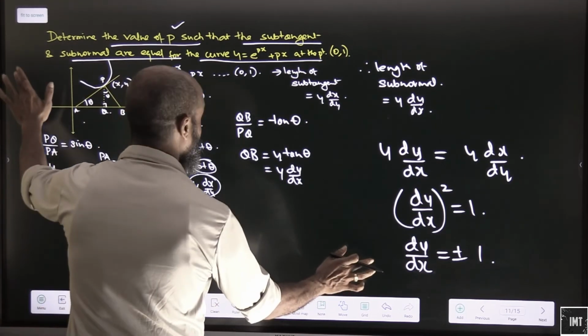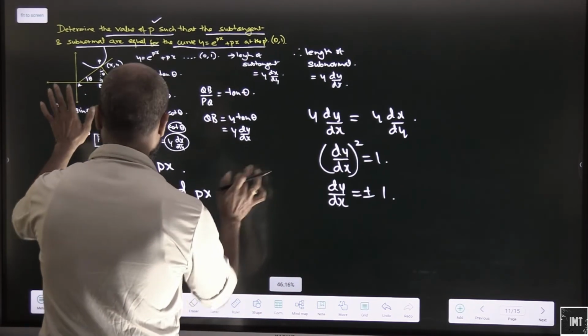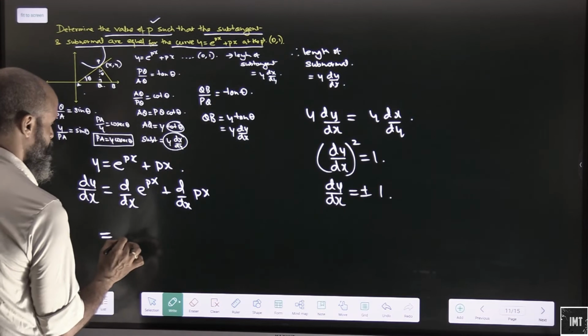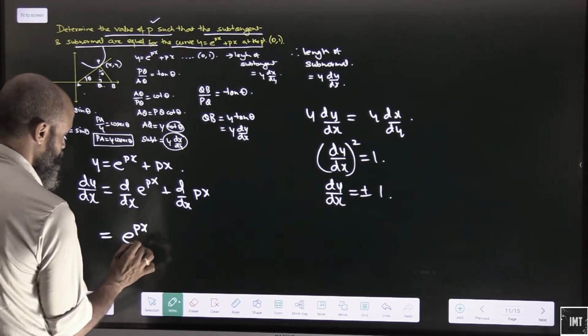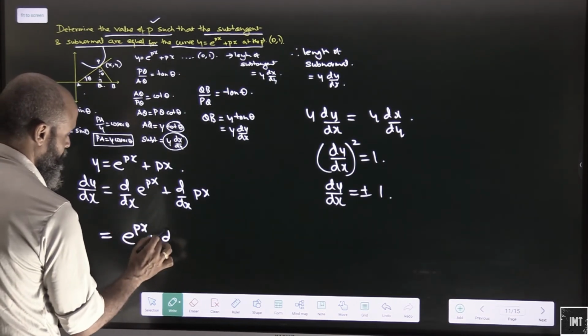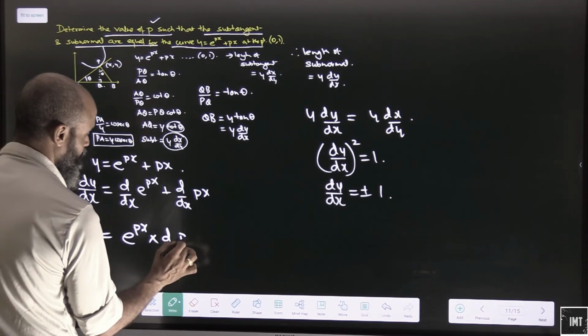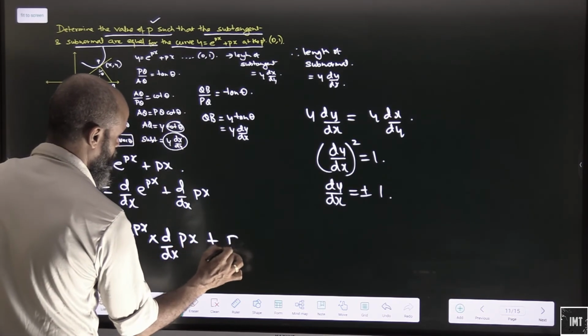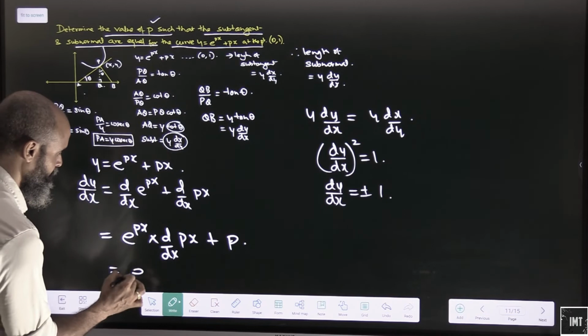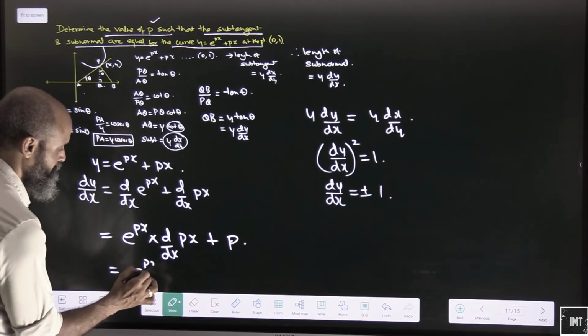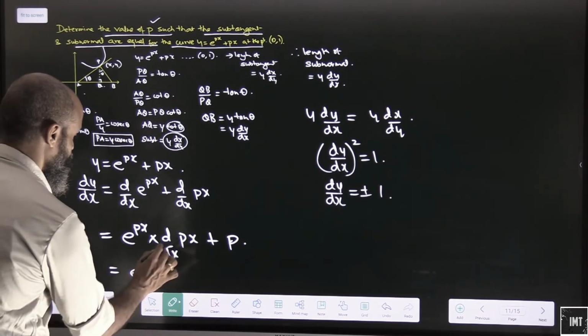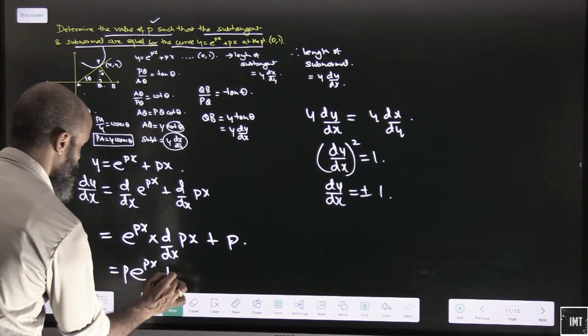So that's going to mean e^(px) into d by dx of px, plus p. So that would mean e^(px) and p comes out here, plus p.